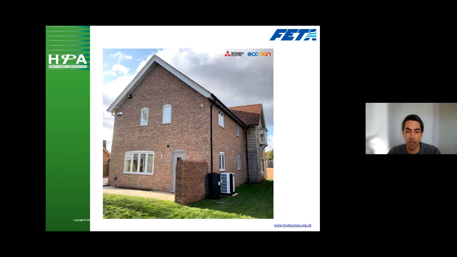And then noise is the other one. The proximity of the unit in this particular picture to the neighbouring property might be quite a large distance, but I know that's not always the case with new build developments. So the important point here is permitted development. Can we meet permitted development under the rules?